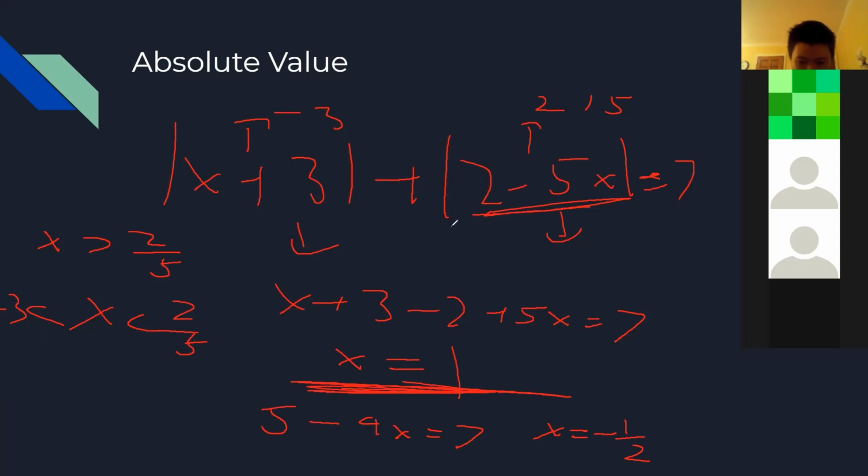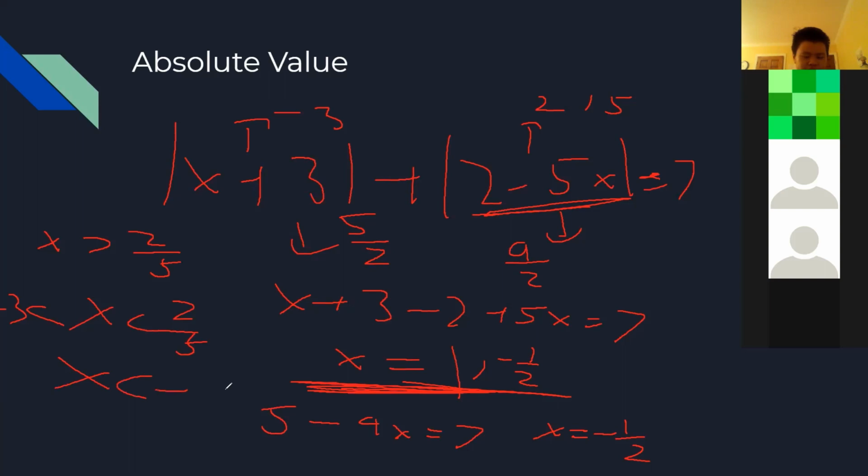Check, plugging it back in. This is 5/2, 9/2. It is a solution. So -1/2 is our second solution.